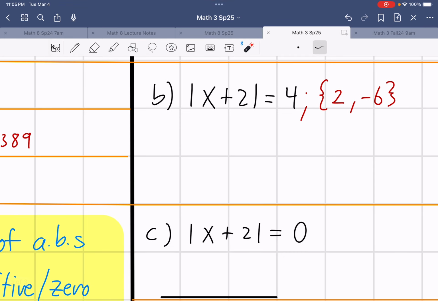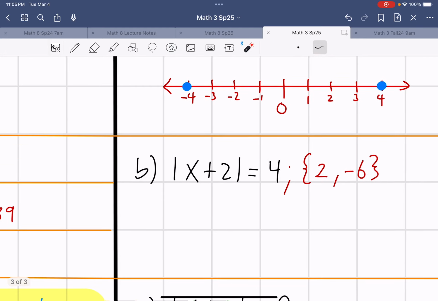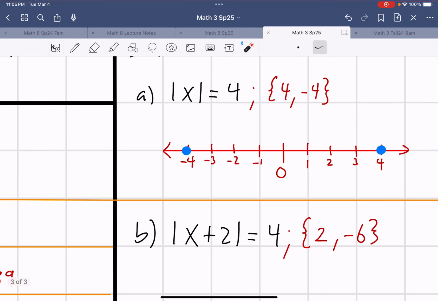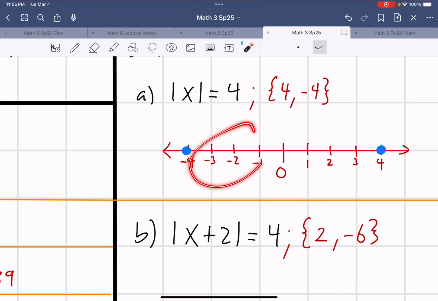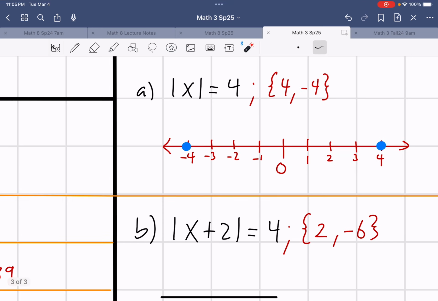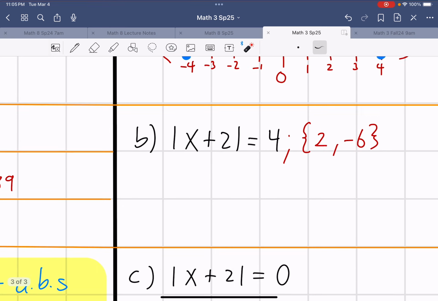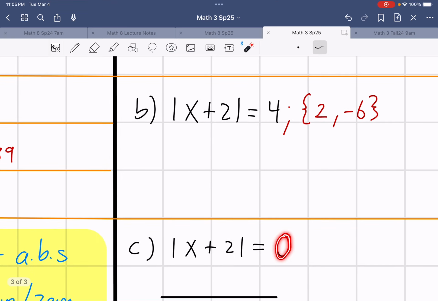Now, before you start creating rules on your own, for example, thinking, oh, absolute value always has 2 solutions. Well, there is a negative side and a positive side, and they're equal distant to 0. But that's not always going to be the case, because remember what we said, the outcome of absolute value can either be positive or 0.